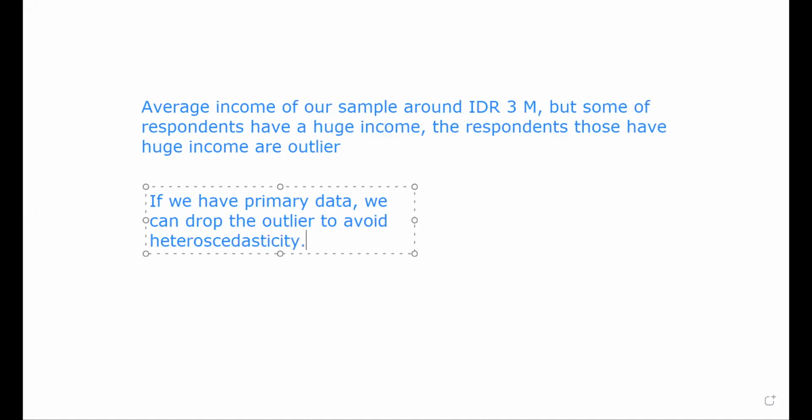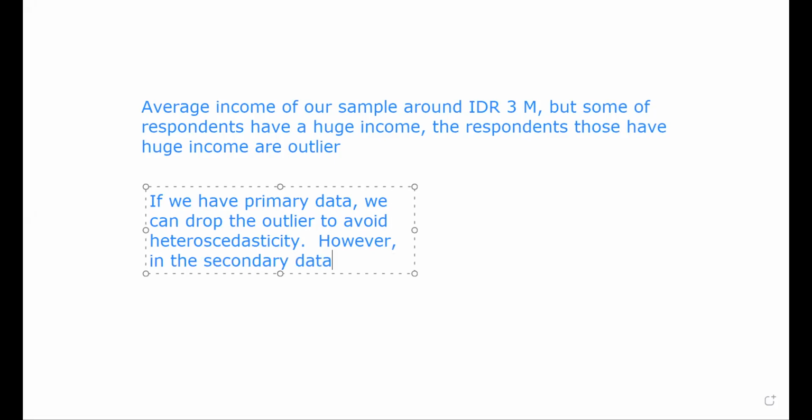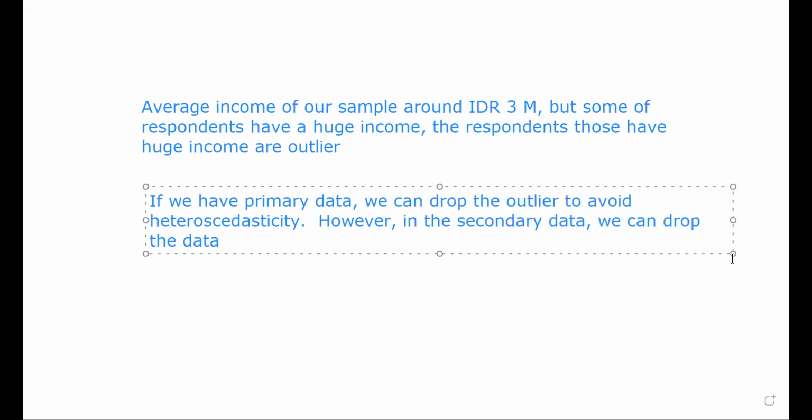However, in secondary data, we cannot drop the data. This is the difference between primary data and secondary data. If you have primary data and a large sample size, you can drop the outlier samples.